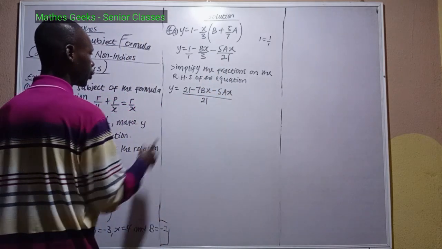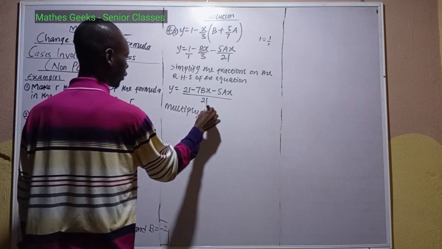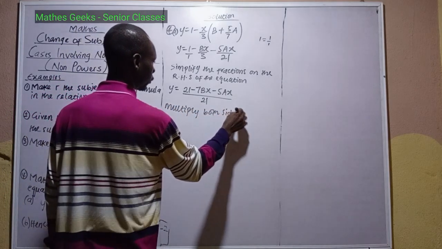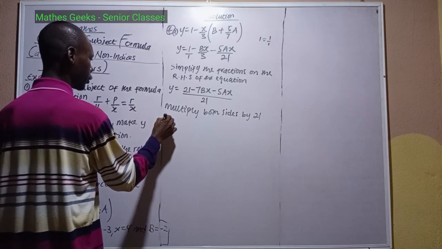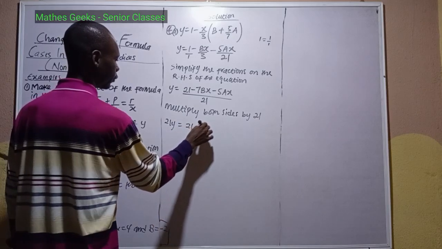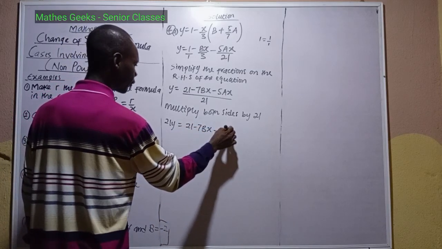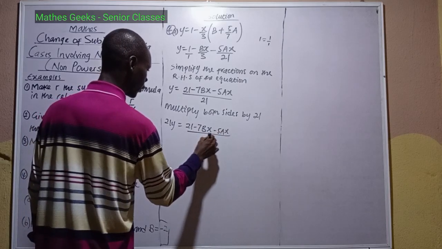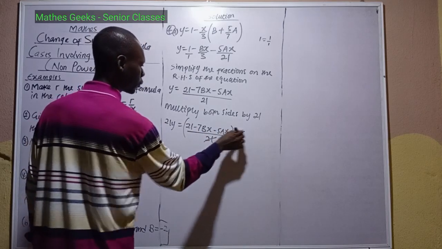So next is to multiply both sides by 21. This will give us 21Y equals 21 minus 7BX minus 5AX over 21 times 21.